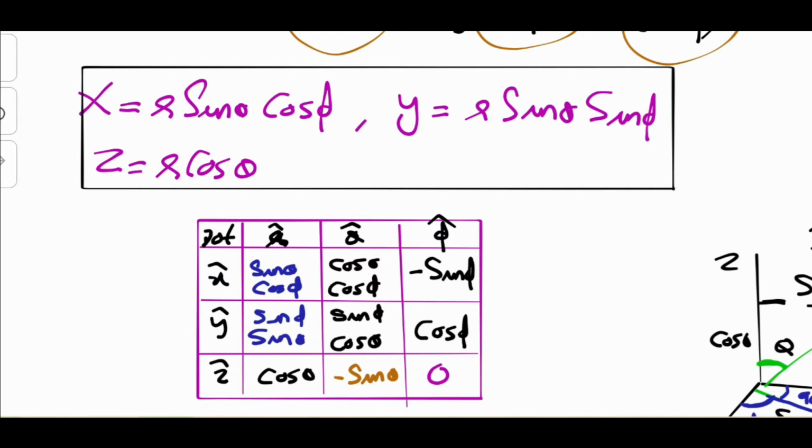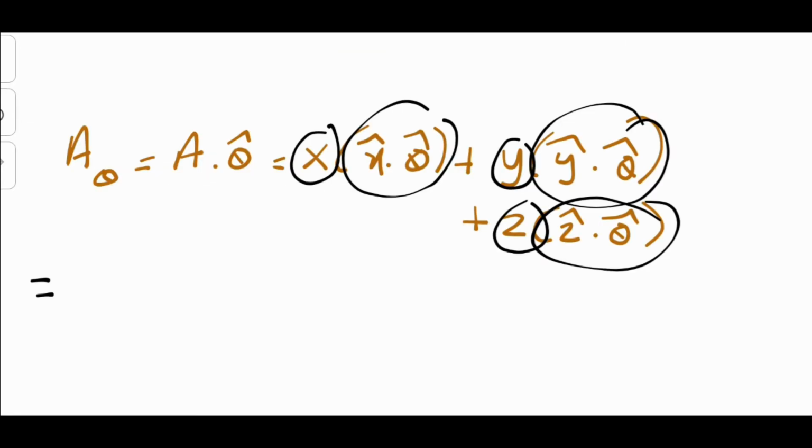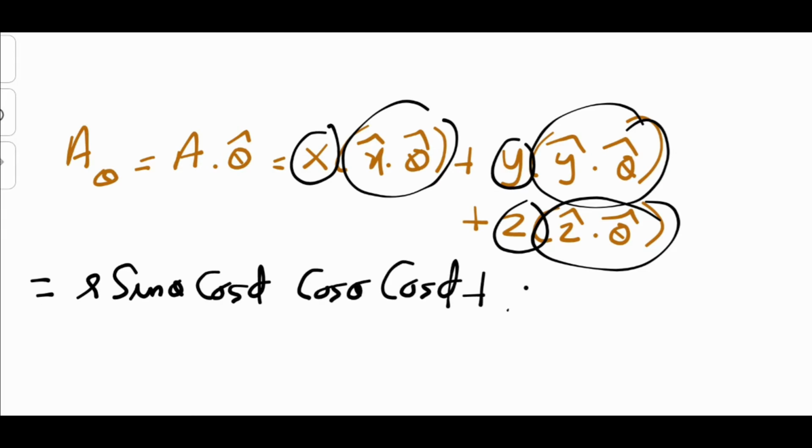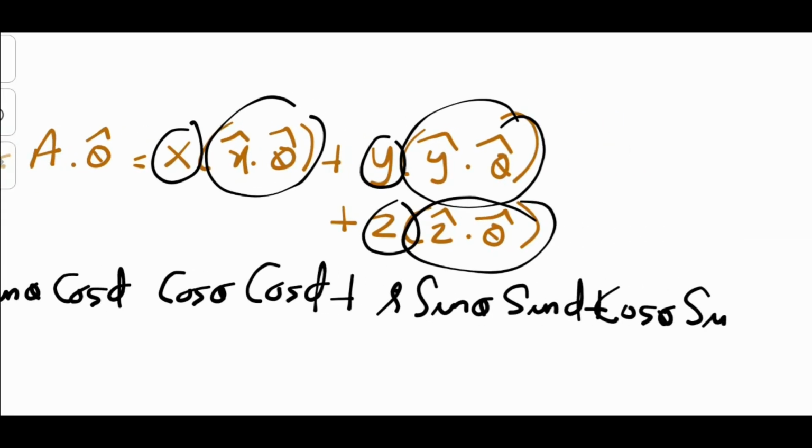Now we can substitute them back into this equation, and we get r sine theta cos phi times cos theta cos phi plus r sine theta sine phi times cos theta sine phi plus r cos theta times minus sine theta, right?